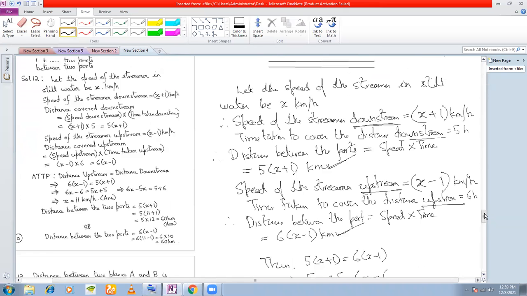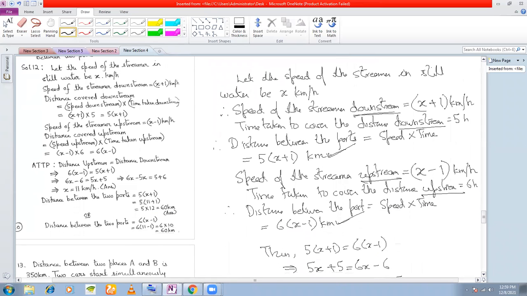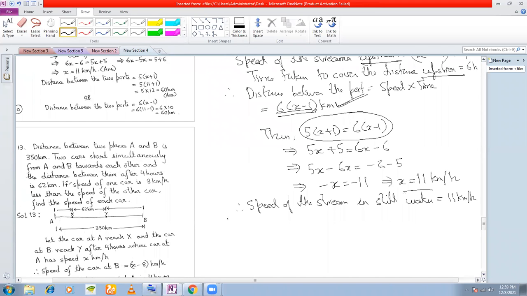Okay. And now the next question is the distance between the two ports. What was the distance we have found out here? 5 times x plus 1 and 6 times x minus 1. So you can use either this to find the distance, or you can use this, because both of these are equal, isn't it? So the distance between the ports is equal to 5 times x plus 1.